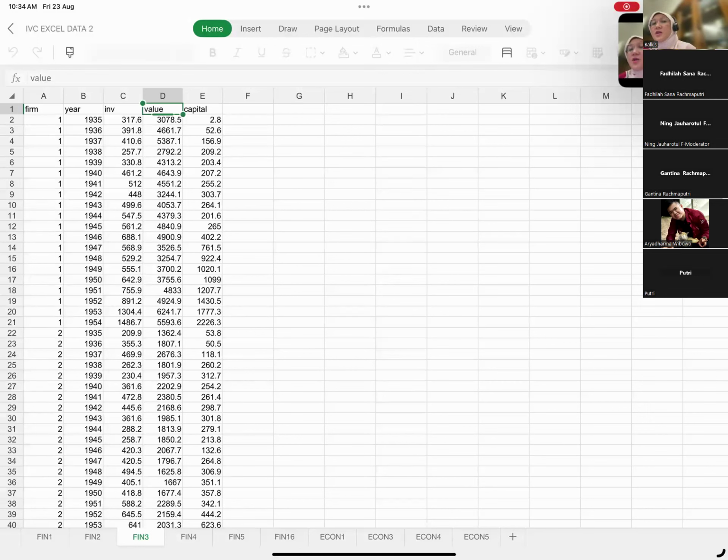So C column is the Y, and D and E column is the X1 and X2. So here the financial model will be investment Y equals beta 0 plus beta 1 value of the firm plus beta 3 the capital of the firm.